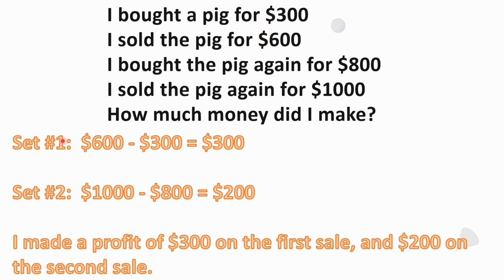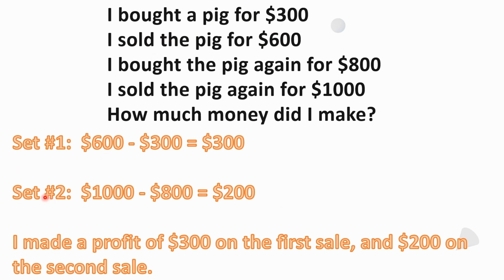You can take the selling price of 600, subtract what you paid for it, 300, and you end up with $300. So in this very first sale, I made $300.